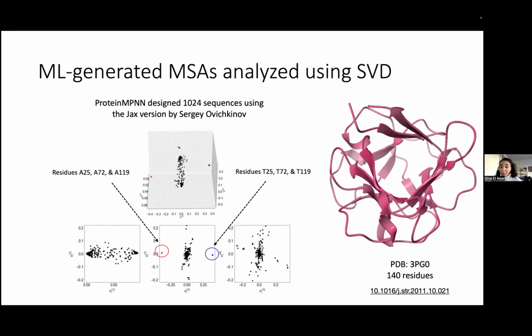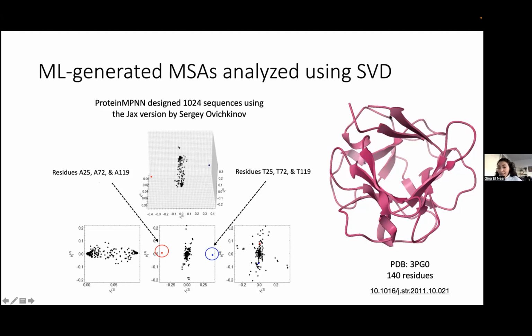So if we go through and look at what those residues are, we can pick them out both by the type of residue and the position of them. And so pretty neat is that A25, A72, and A19 all occur in that red cluster, and T25, T72, and T19 all occur in that blue cluster.